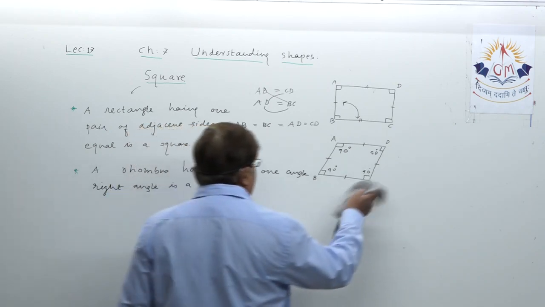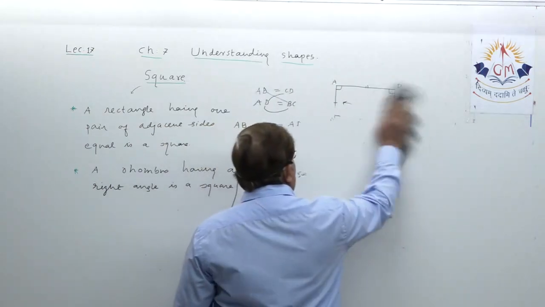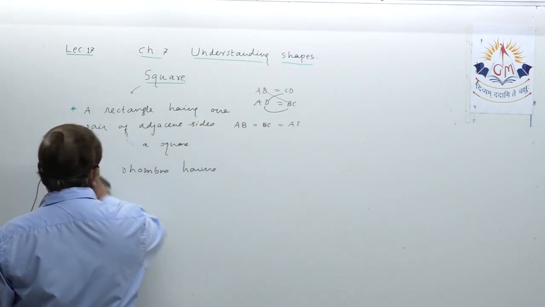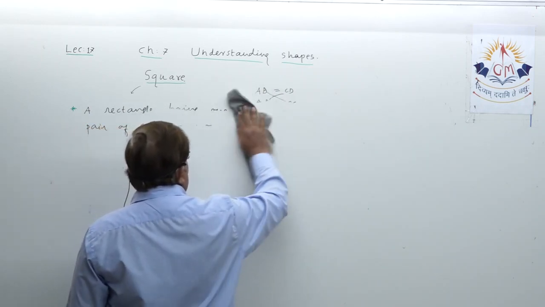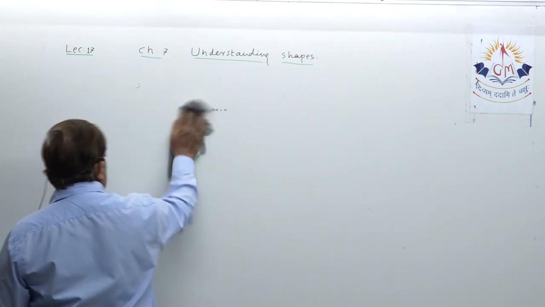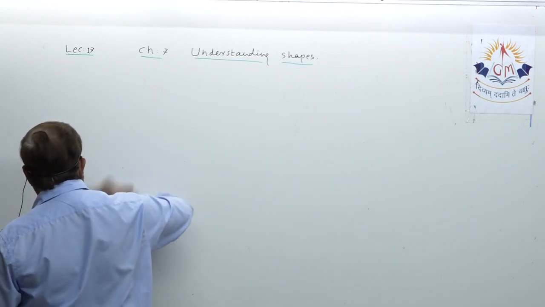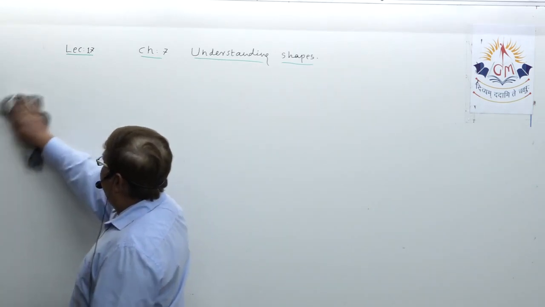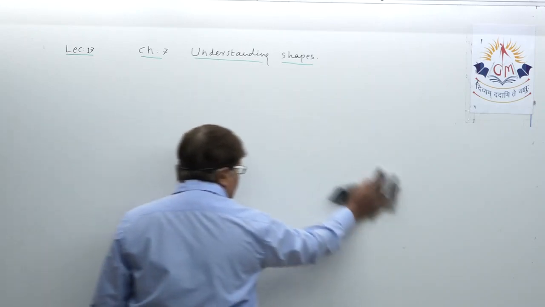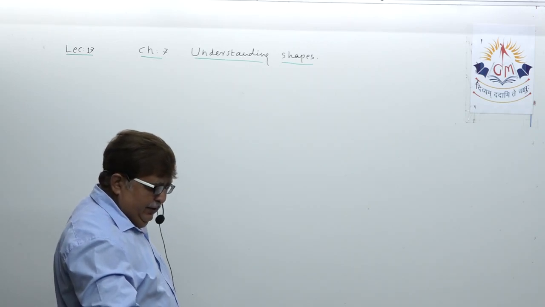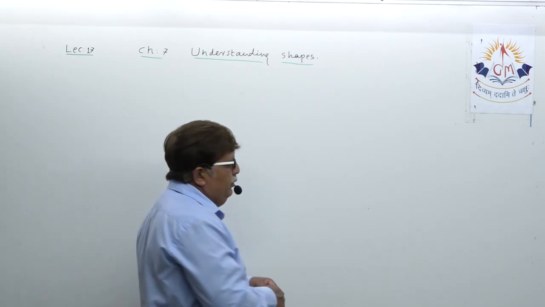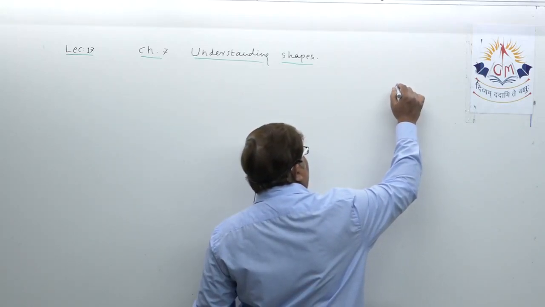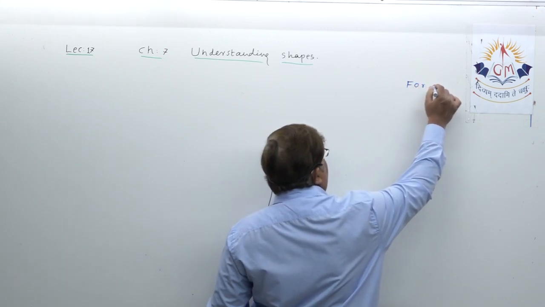Let us list out some of the important properties of square, and then we will prove a very important theorem to ascertain another property of square.